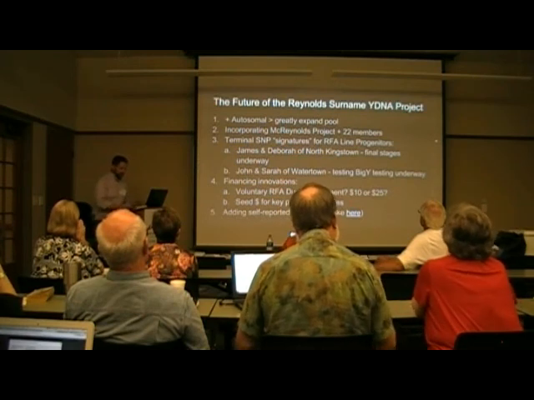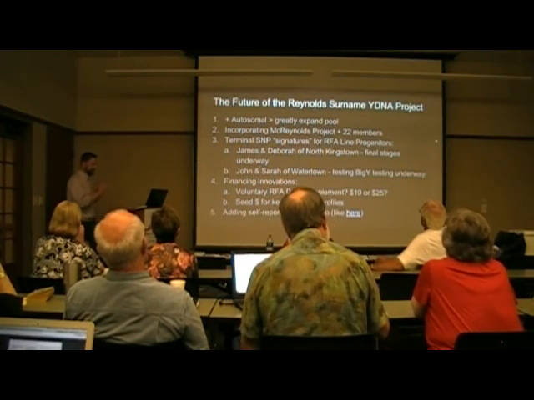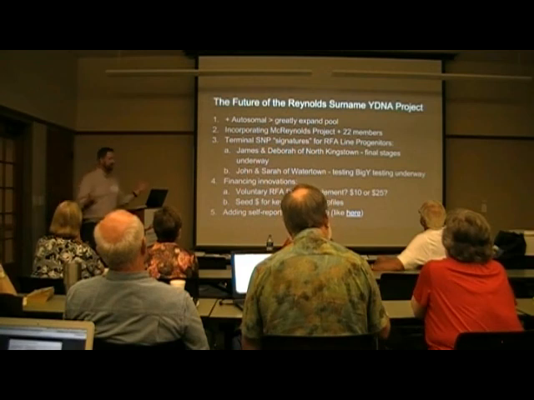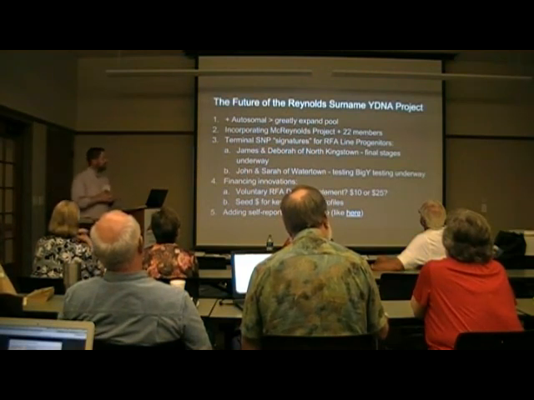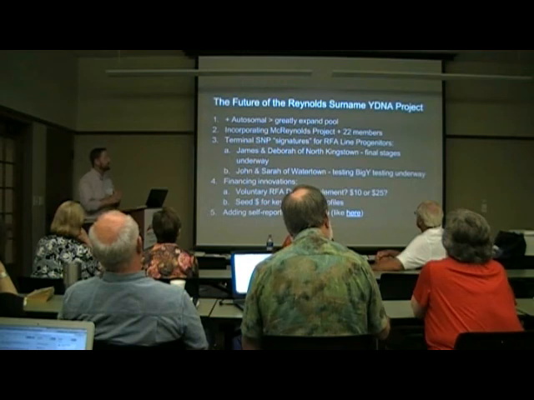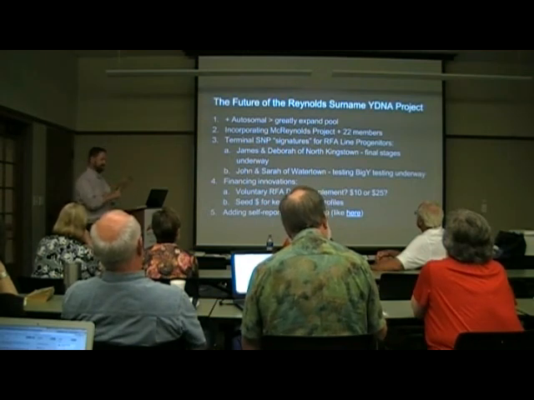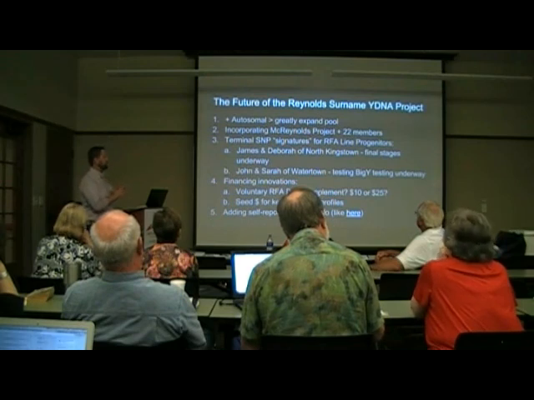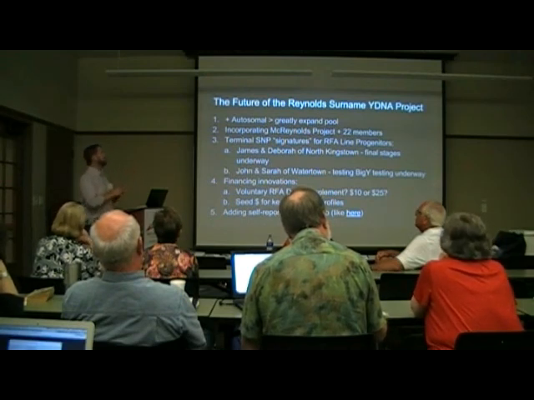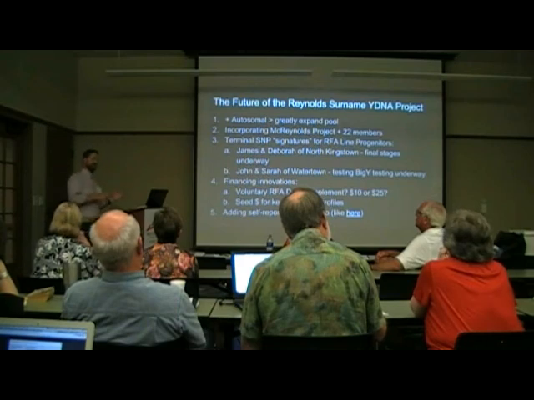One thing we've been talking about, we don't have a process or criteria yet, but we want to open up the project so that people who have not only yDNA results, but also autosomal results, can join the project and be part of the discussion and the activity feed. We will have to come up with the criteria. We'll have to validate that they do actually connect to Reynolds, but it won't necessarily have to be on the male line. There are some advantages and disadvantages to this.